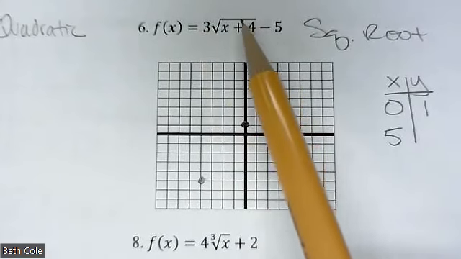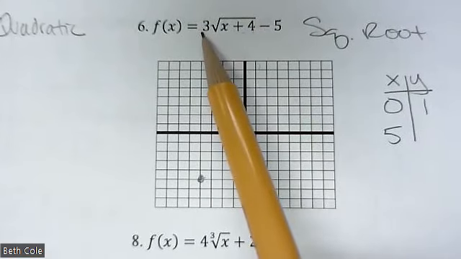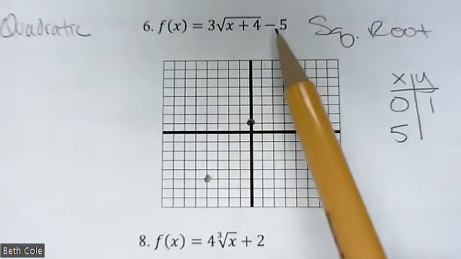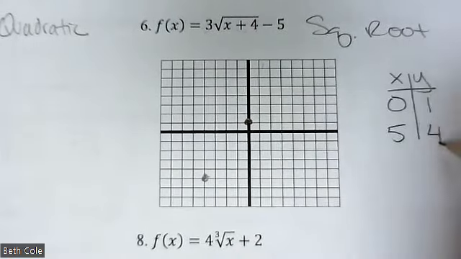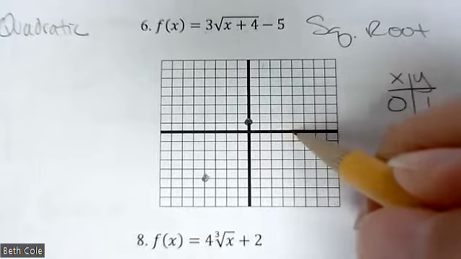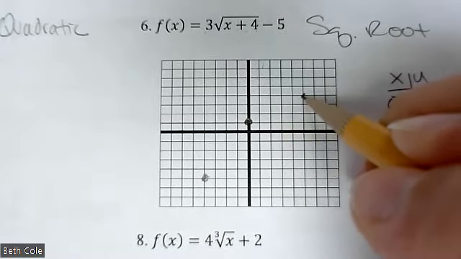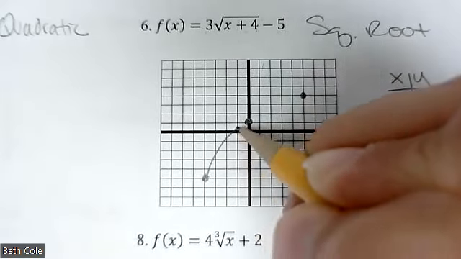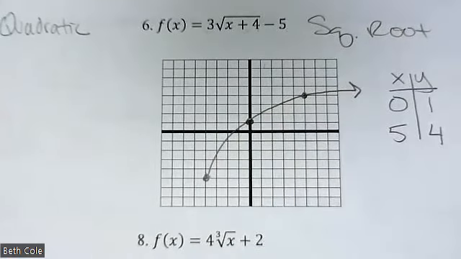Square root 9, 3 times 3, 9 minus 5 is 4. So 5, 4. And so again, you only get half of the parabola. You can always fall back on a table.